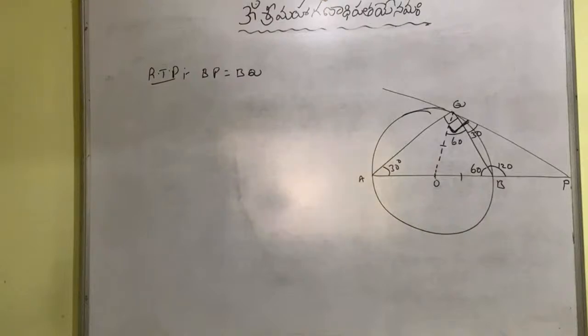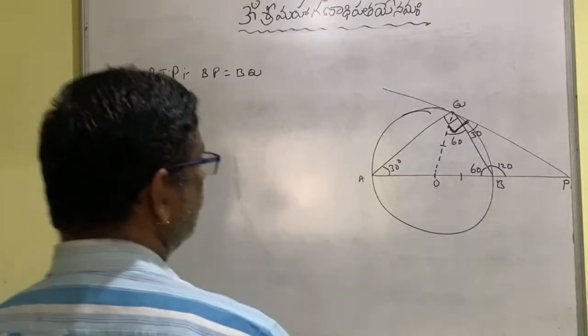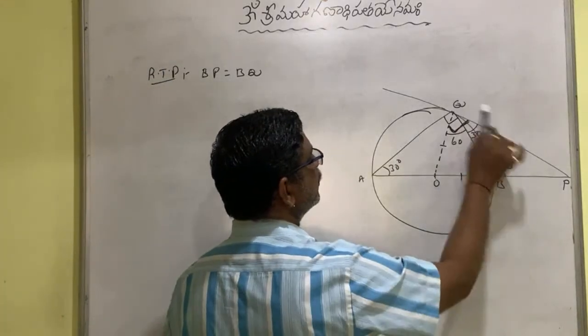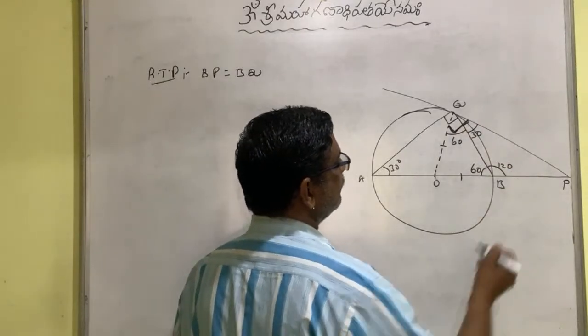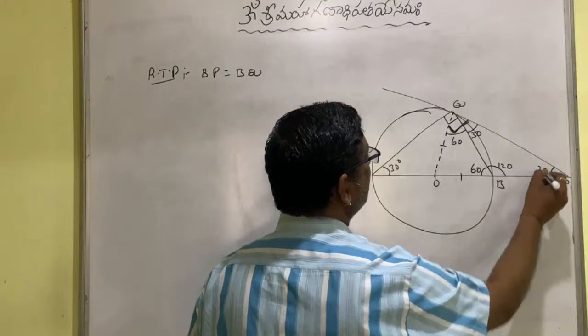Is it okay now? Now, in triangle BQP, 120 plus 30, 150, then this angle will be 30.